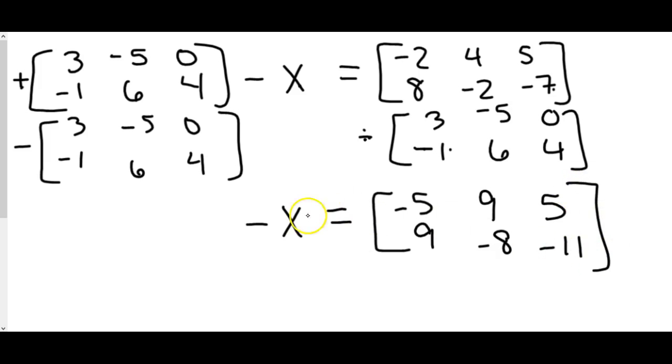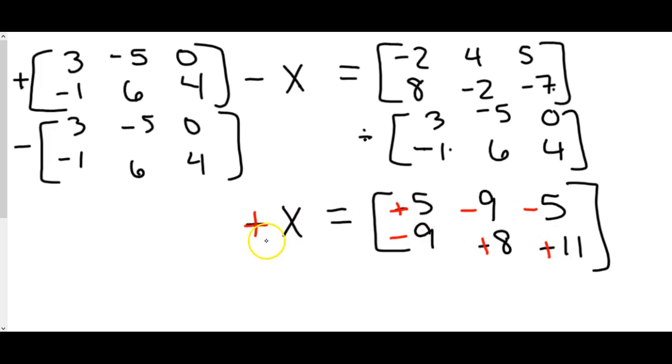Now the problem here is we have a negative x. We want this to be a positive x. So in order to change this to be positive, we want to switch this from a negative to a plus. We're going to have to change every sign in our matrix itself. This is a positive 5 now, negative 9, negative 5, negative 9, positive 8, positive 11.